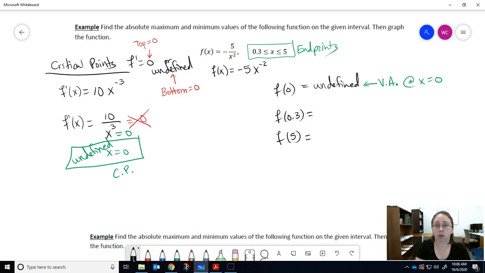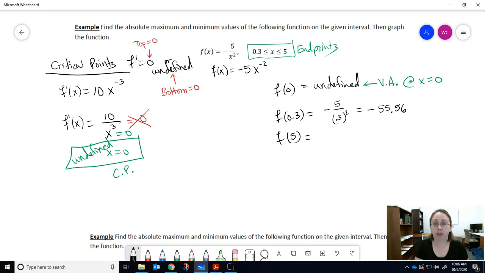Now, let's do the other two. So f of 0.3, we plug that in, so -5 over 0.3 squared is equal to, calculator on. So 5 divided by 0.3 squared, so we get -55.56.